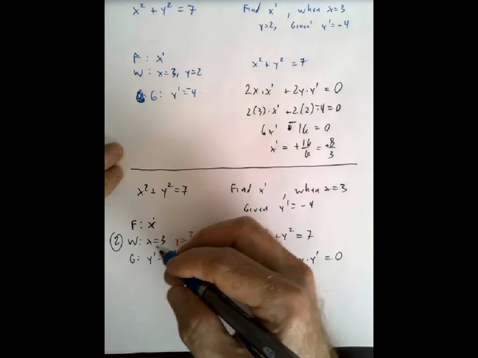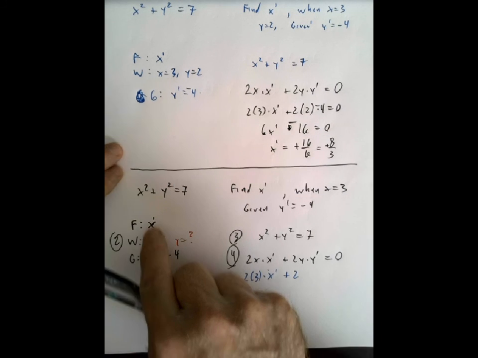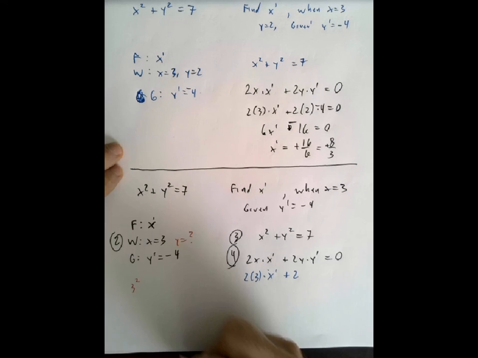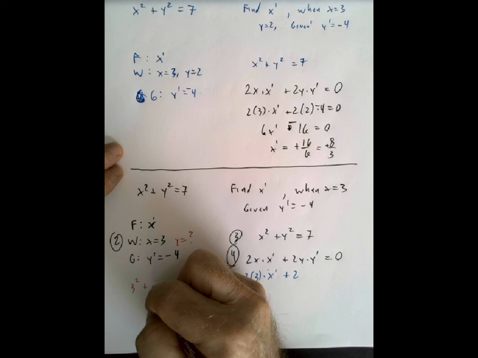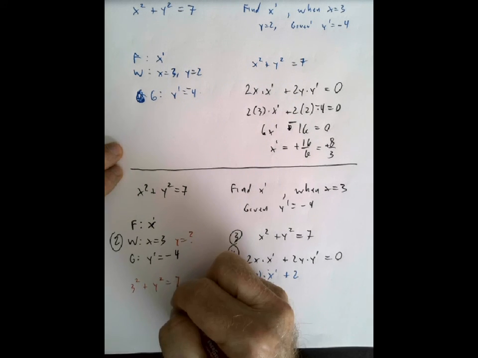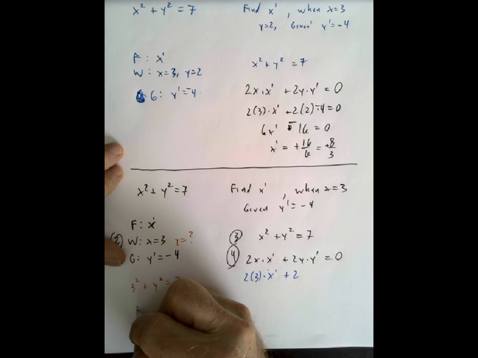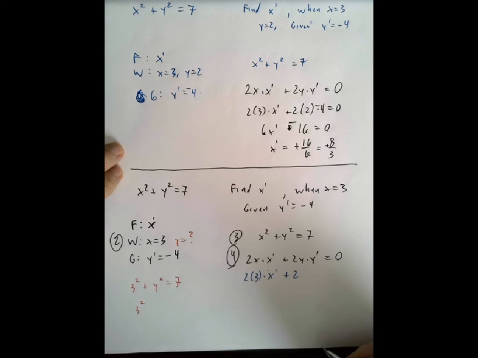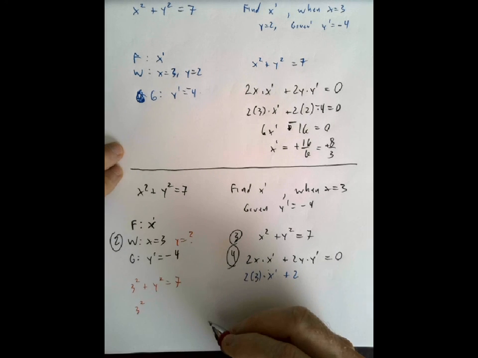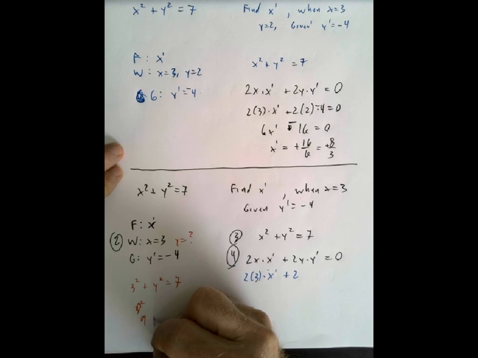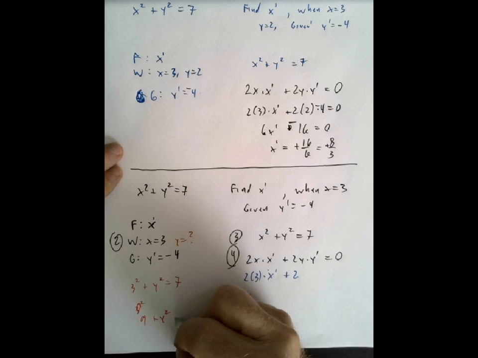So we take this x and put it back up there, in red: 3 squared plus y squared is equal to 7. So 3 squared is equal to 9, plus y squared is equal to 7.